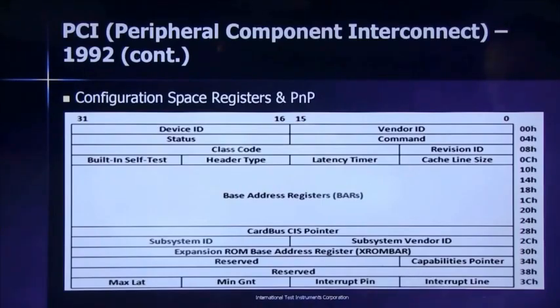Interrupt line and interrupt pin, those registers are used for assigning interrupts to this particular device in case the device needs it. Minimum grant and maximum latency are used for bus arbitration. Essentially higher priority devices get access to the bus sooner and so forth.